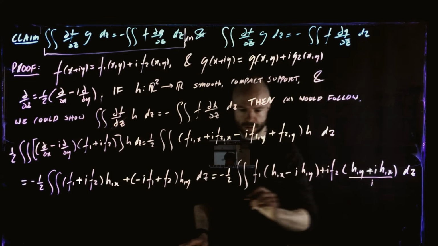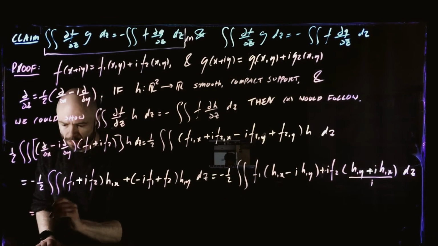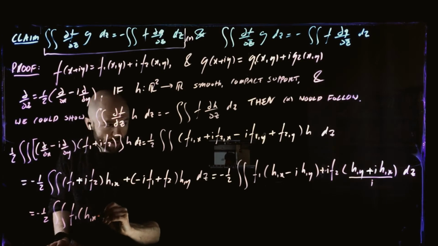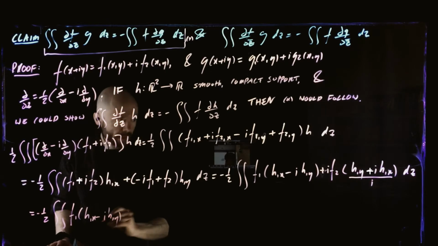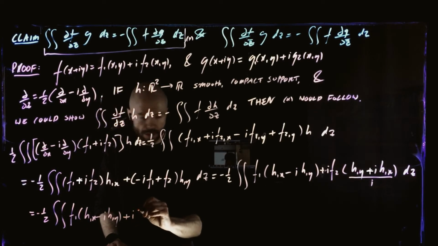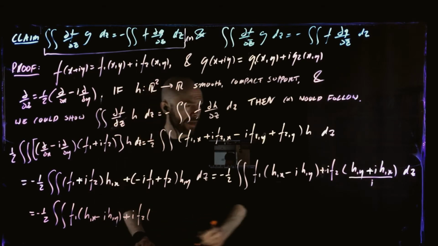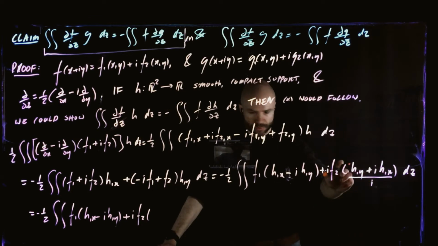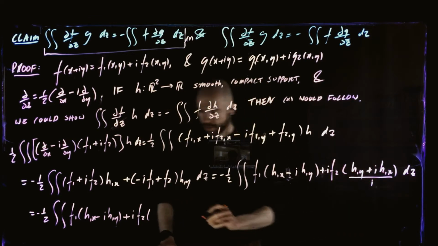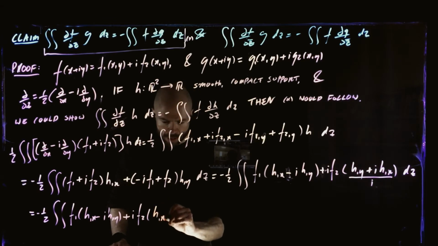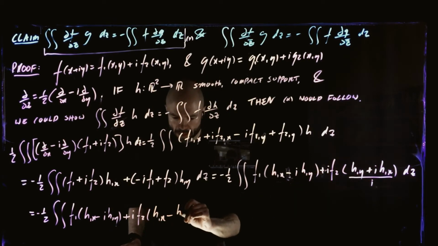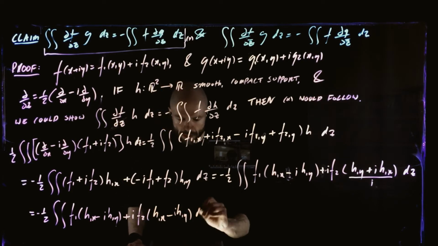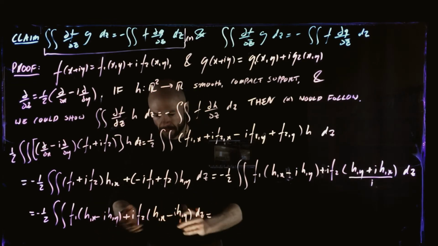That is going to give, let's put it over here, minus 1 over 2, double integral f1, h comma x, minus i h comma y, and then plus i f2, and when we divide this through, then what we're going to get is h comma x, and then this will be minus h comma y, like this. Cool. dz, and then we can just factor out this guy here.